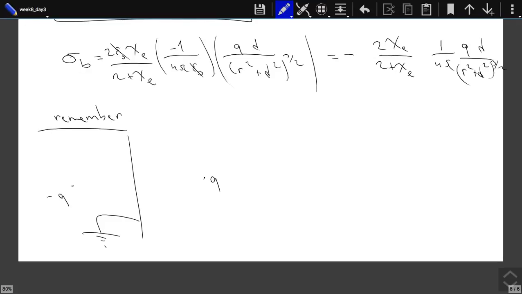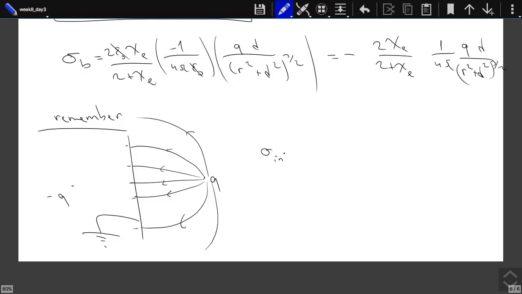And so the electric field lines looked like this. And in this problem, we also calculated the induced charges on the plane. This was, let me just say, proportional to 1 over r squared plus d squared to the power 3/2.